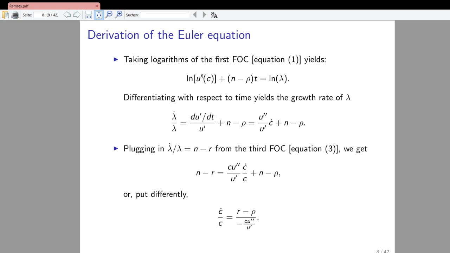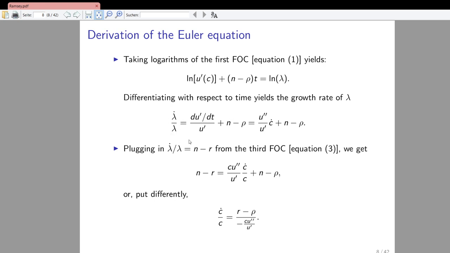We have to take the derivative of the first derivative of the utility function, which is the second derivative of the utility function, and we have to take the derivative of consumption itself with respect to time. So we get this expression then. Taking the derivative of this term with respect to time yields n minus rho. So that's clear. And then we can plug in this expression that we've derived here.